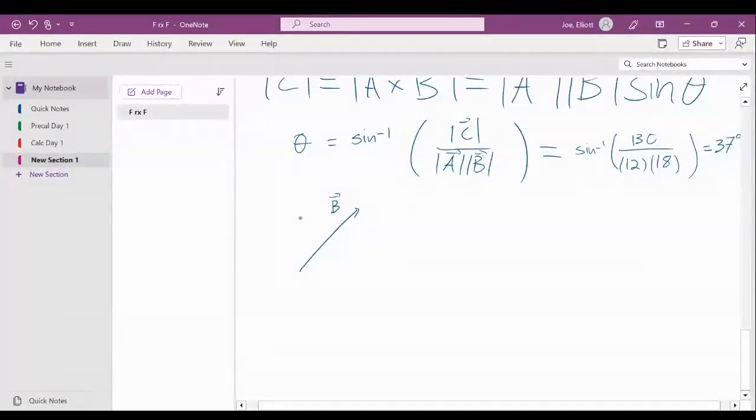What Les has drawn here is B, A, and we know that the cross product, or at least the magnitude of the cross product, is equal to the area of the parallelogram. And you might ask yourself, well, given A and B are the same, wouldn't the area depend on B sine theta? And that's the height.